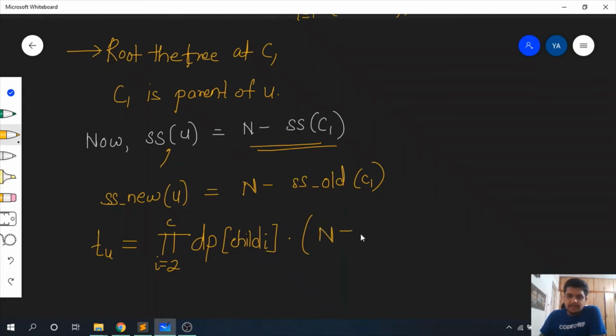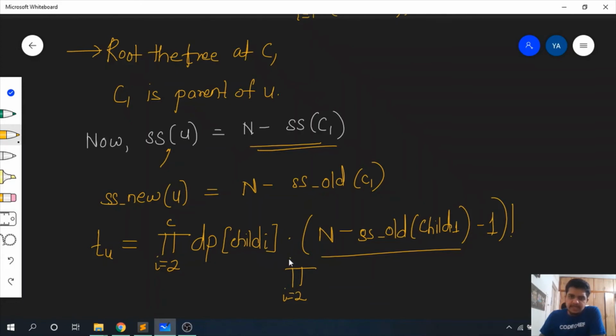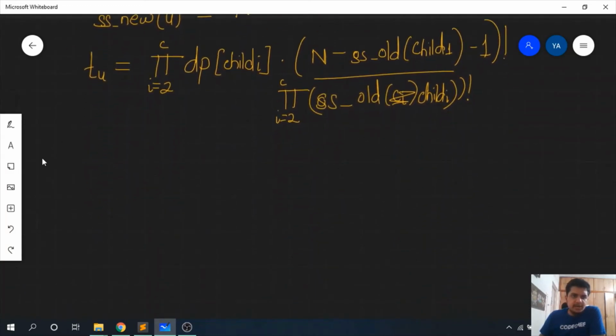So n minus ss old child 1, minus 1 factorial, divided by, like we saw, the product of again these nodes from I is equal to 2 to c, where it is again ss of old Ci. So let us write the child I factorial, right? So we got our tu.